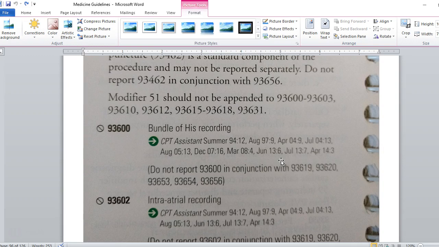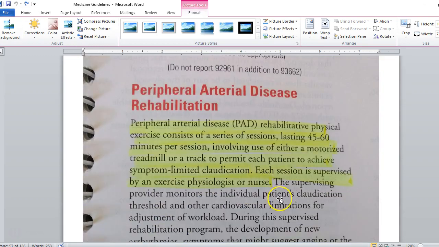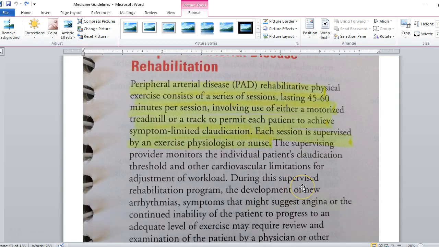All right. So we'll go through a couple more sections and then we'll break it out and we will end up doing a third section of medicine as well. I just want to talk a little bit about peripheral arterial disease rehabilitation. There's only one code, okay? This is pretty simple, but there are guidelines that remind us how to code it.